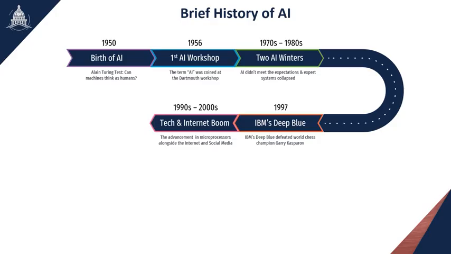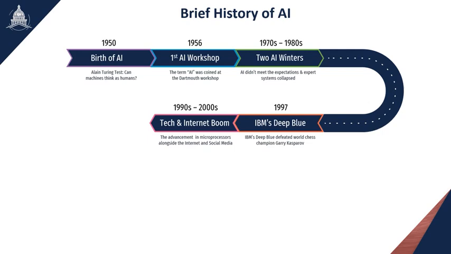Moving to the 1990s and the early 2000s, there was the technological and internet boom, where microprocessors became more and more powerful and affordable at the same time. So computing became accessible to more researchers and industries, alongside the arrival of the internet to the public and social media. All of this gave AI a new life.